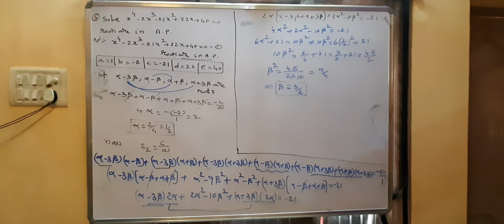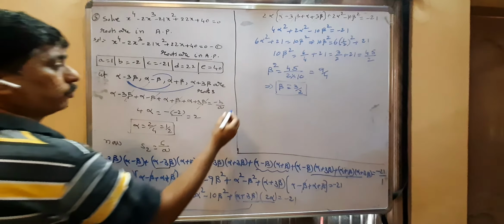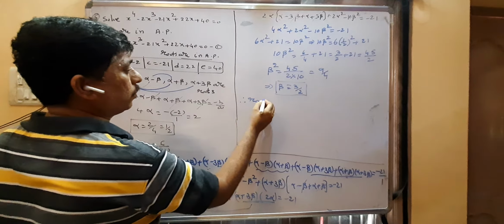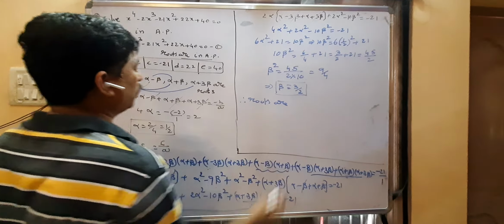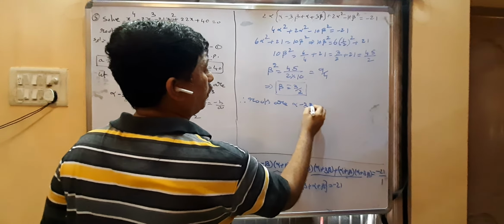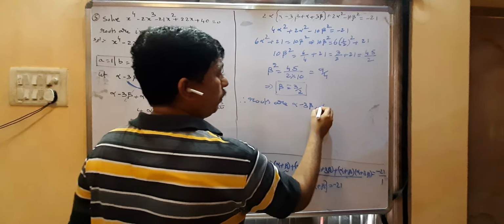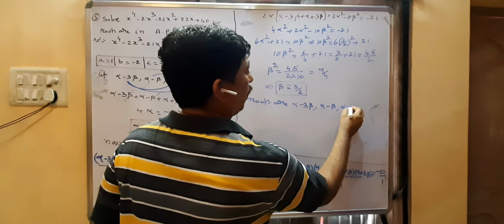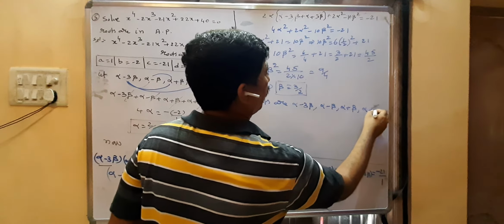Okay? Therefore the roots are alpha minus 3 beta, alpha minus beta, alpha plus beta, alpha plus 3 beta.